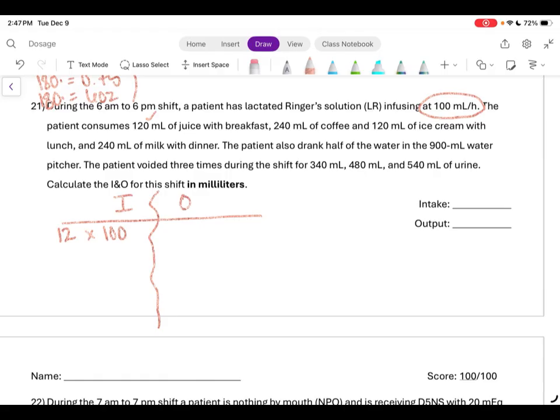We have 120 of juice, 240 coffee, 120 ice cream, 240 milk, and then half of the water in their 900 ml water jug, right? So do a quick math, 900 divided by 2, 450. So I'm gonna write 450 down here.